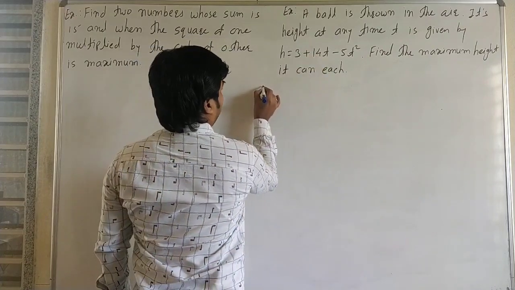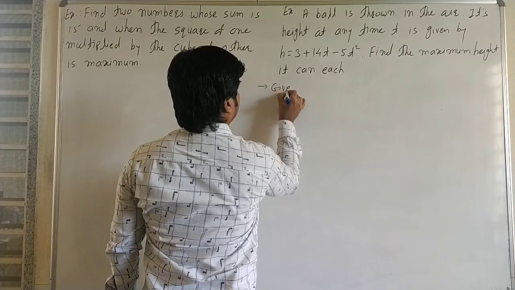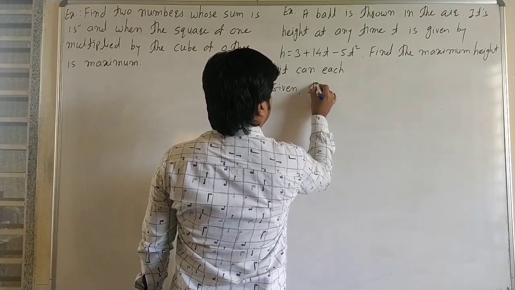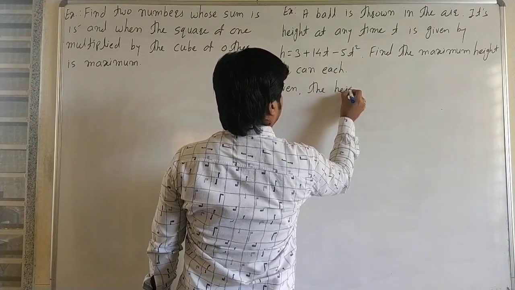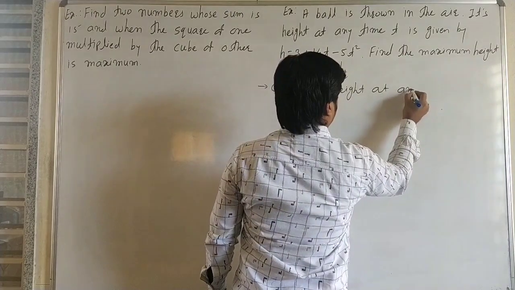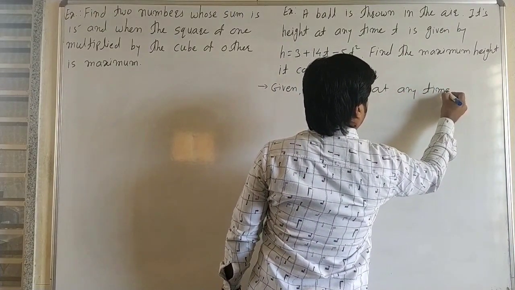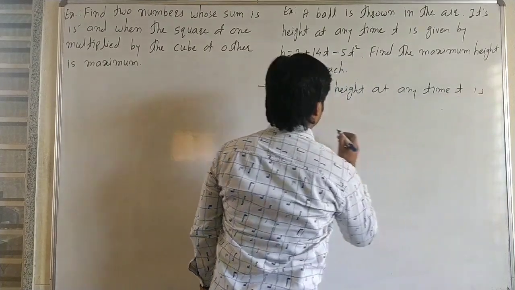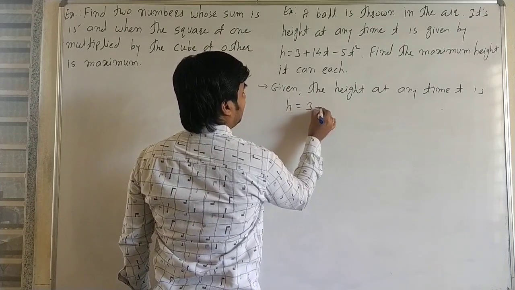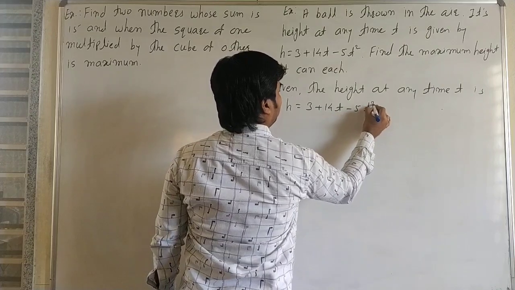Okay, here given the height at any time t is h equal to 3 plus 14t minus 5t square.